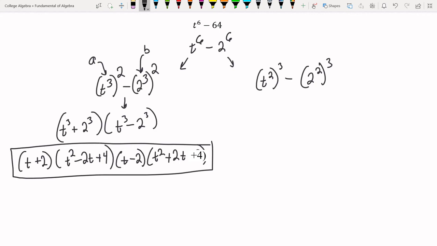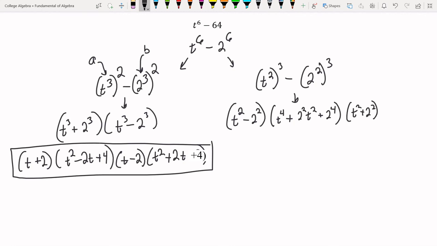Now, going the other way, this gives us t squared minus 2 squared, giving us, let's see, t to the 4th plus 2 squared t squared plus 2 to the 4th, and likewise t squared plus 2 squared.